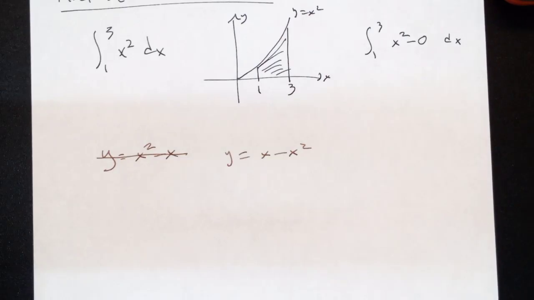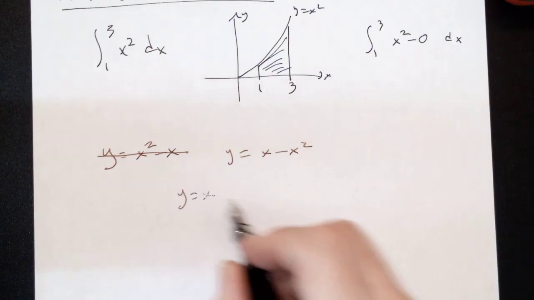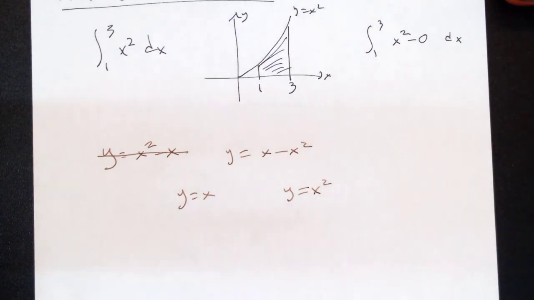Instead of thinking of this as a single function, I want to think of it as two separate functions. Graph each of these separately, on one set of axes.